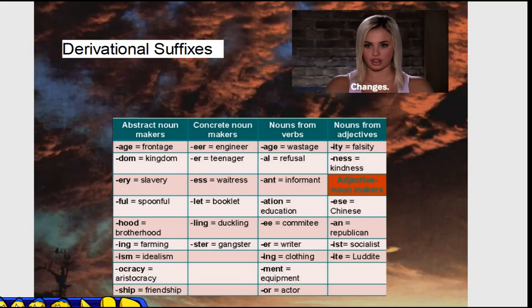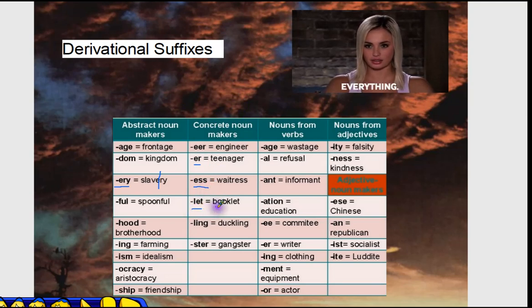Now, the derivational suffixes, this changes everything. They change the meaning of a word when we add them, of course, at the end. For example, if we have the derivational suffix -ery, we add it to the word slave, slavery. Okay, these are abstract noun markers. For concrete noun markers, we have the ER, the ESS, the LET.